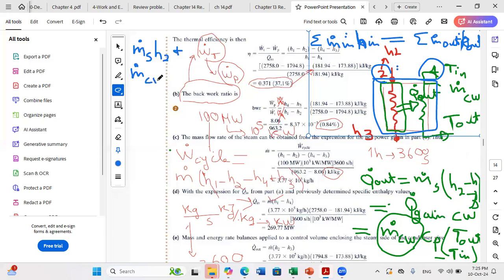And we said that the enthalpy of cooling water is Cp times temperature. So Cp times T in is equal to now sum of m dot out h out. So you have m dot steam times h out, which is h3, plus for the water outlet, plus m dot cooling water times T out.